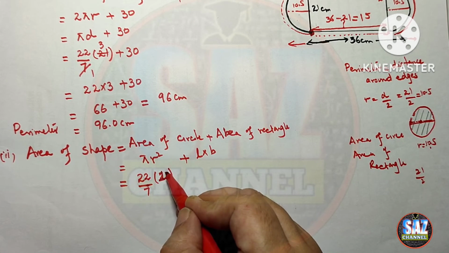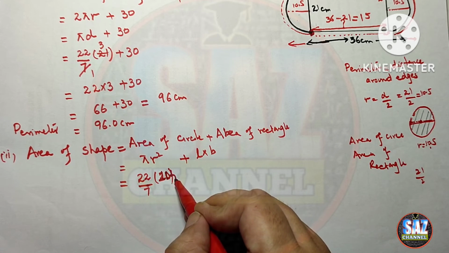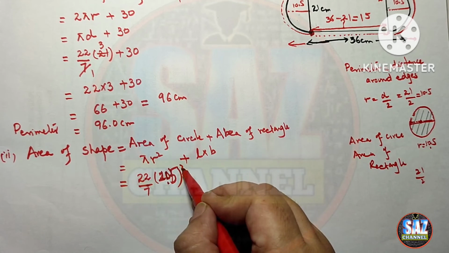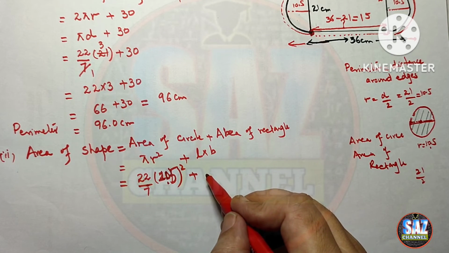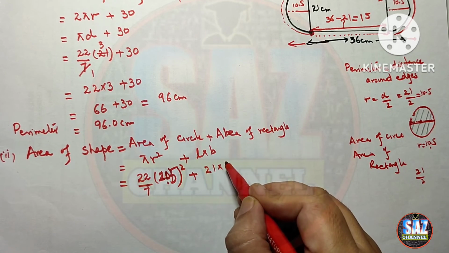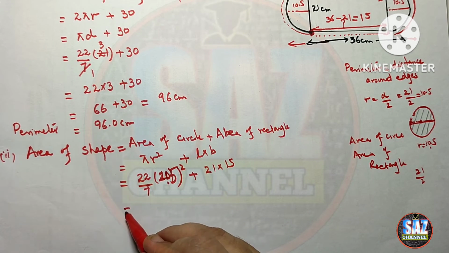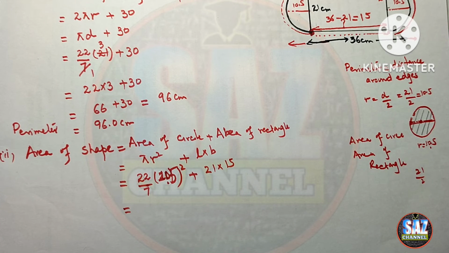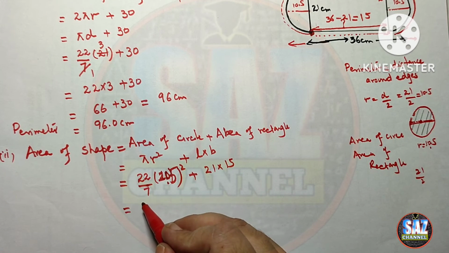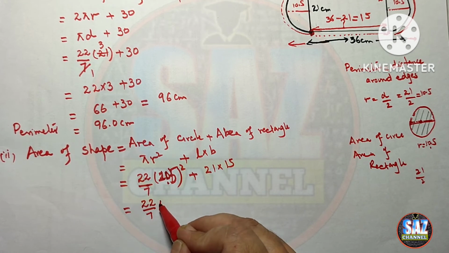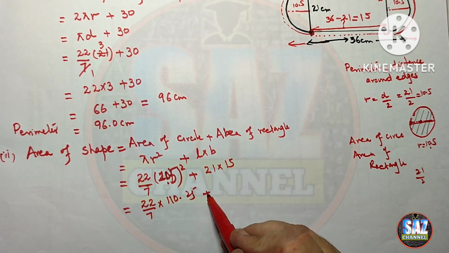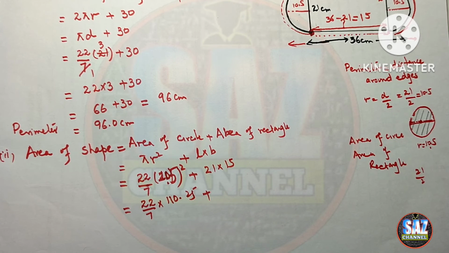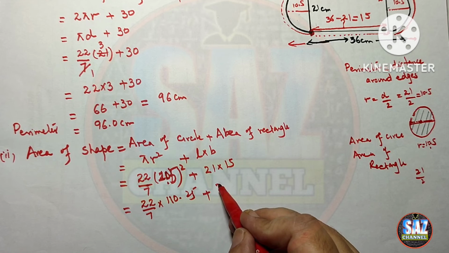I have to replace 10.5 square plus L multiplied by B, that is 21 multiplied by 15. So 10.5 square will give me 22 by 7 multiplied by 110.25 plus 21 times 15, 315.